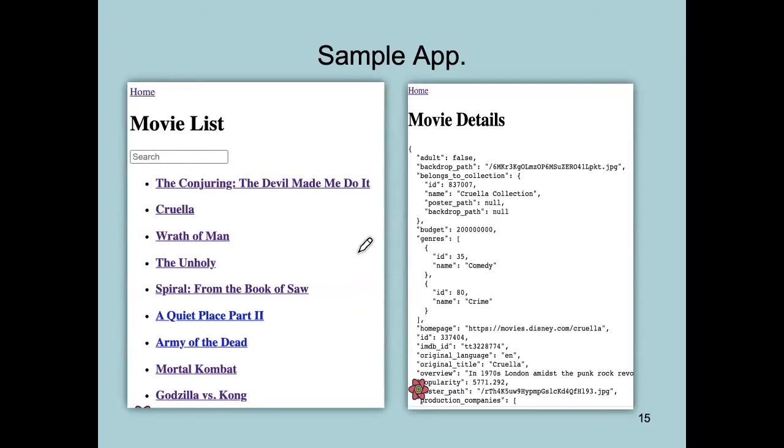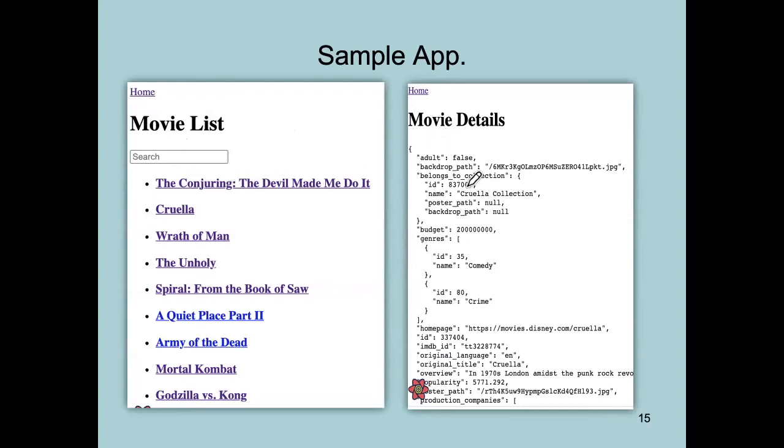To demonstrate this, I've taken my filtered friends app and adapted it to a very basic movies app. In this simple app, I've got 2 pages. One page lists 20 movies from the Discovery API. There's filtering going on, but that's not really important. If the user clicks on one of these, then we go to the movie detail page.